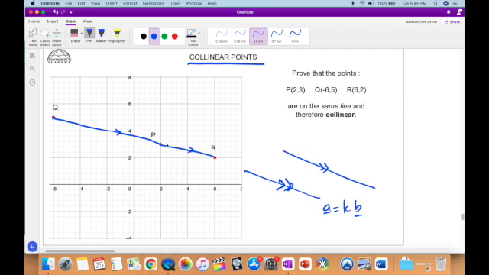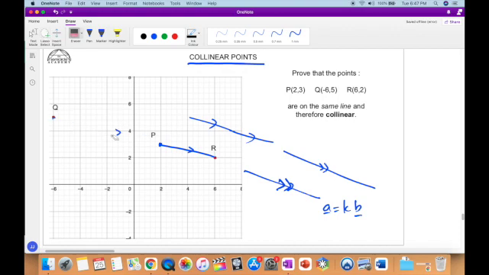And if they are scalar multiples of each other, well then we'll prove them to be collinear because the point P is on both of them. So they can't be parallel because parallel lines are separate. Parallel lines don't meet. The only way that you could have two lines that are parallel but share the same point is if it's the same line.